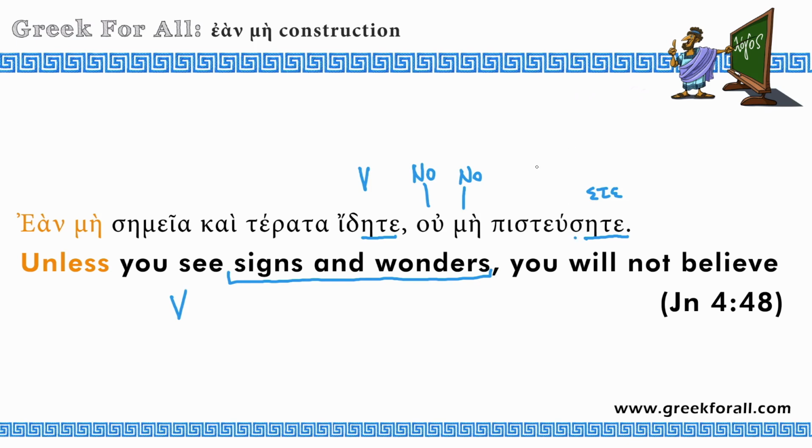We have the sigma, so this is the aorist subjunctive, second person plural. Again, you believe. So this last line could be translated as you will not believe because of this negation. So again, together, unless you see signs and wonders, you will not believe.